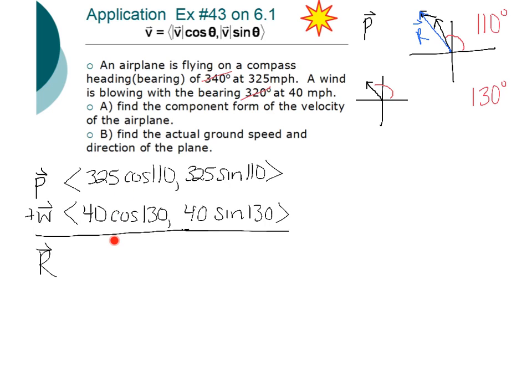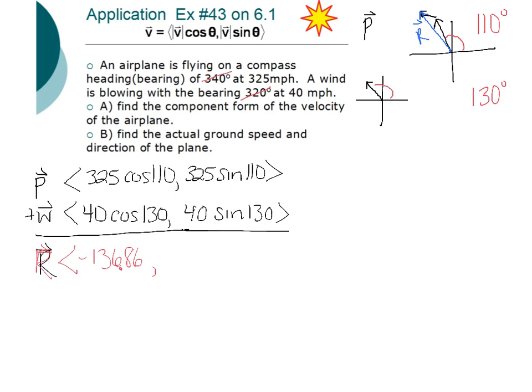You add your horizontal components, you add your vertical components. In my calculator I'm taking 325 times the cosine of 110, and pressing enter, and I'm going to add to that 40 times the cosine of 130. I end up with, and let's change this to pink, so this is my resultant, negative 136.86.